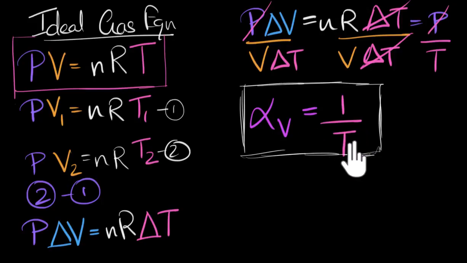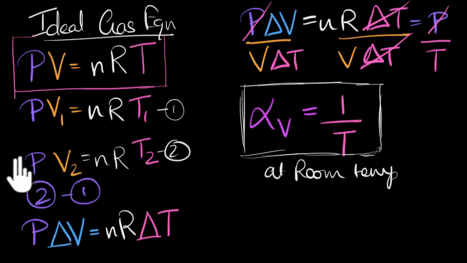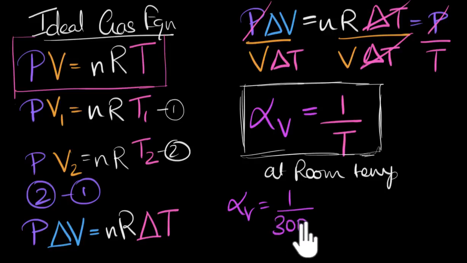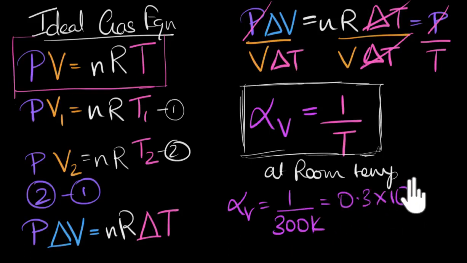We can even go ahead and calculate this at some temperature. Let's do that at room temperature, which is about 300 Kelvin. So alpha V would be 1 over 300 Kelvin. What would that be? Well, 1 divided by 3 is 0.3, times 10 to the power minus 2 Kelvin inverse.